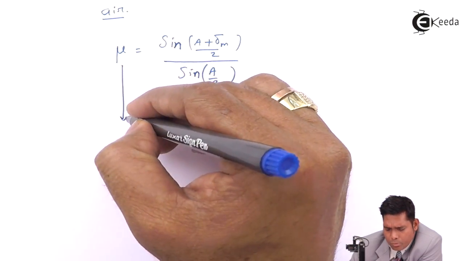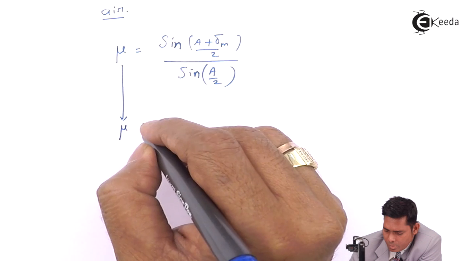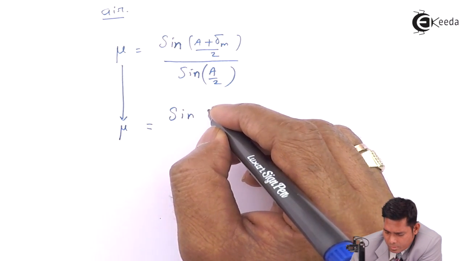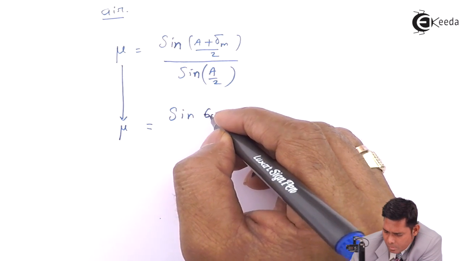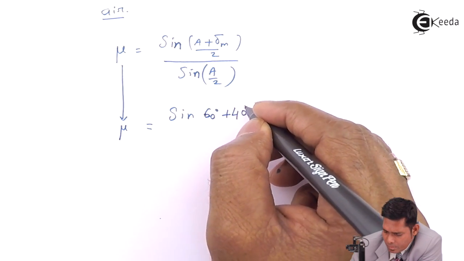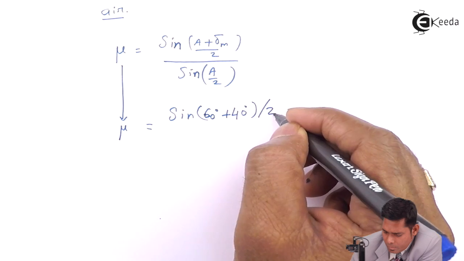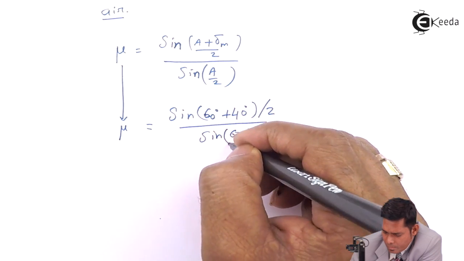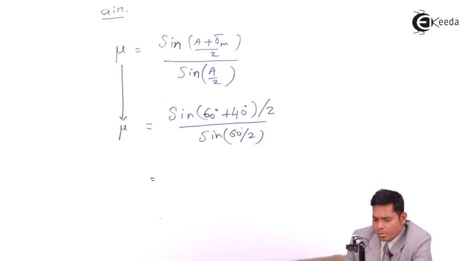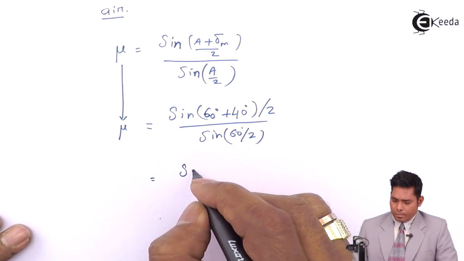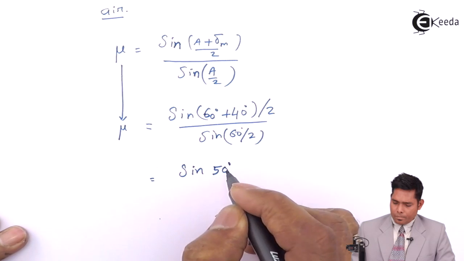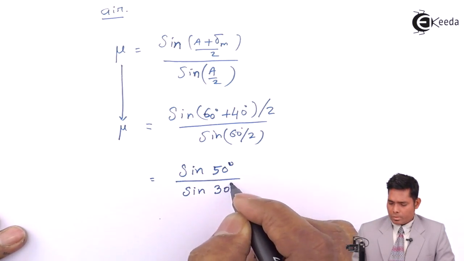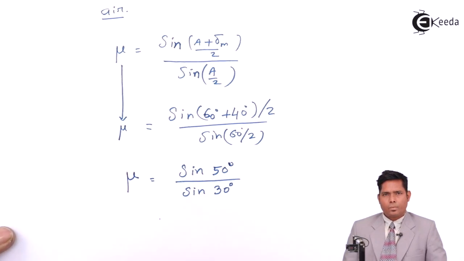So first we get the value mu from here. It comes out to be sine of (60 plus 40) by 2, this is sine 50 degree, divided by sine of 30 degree.